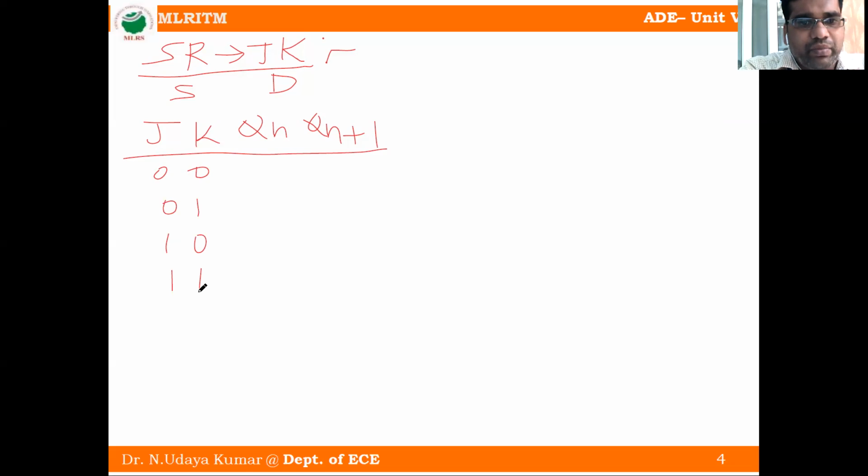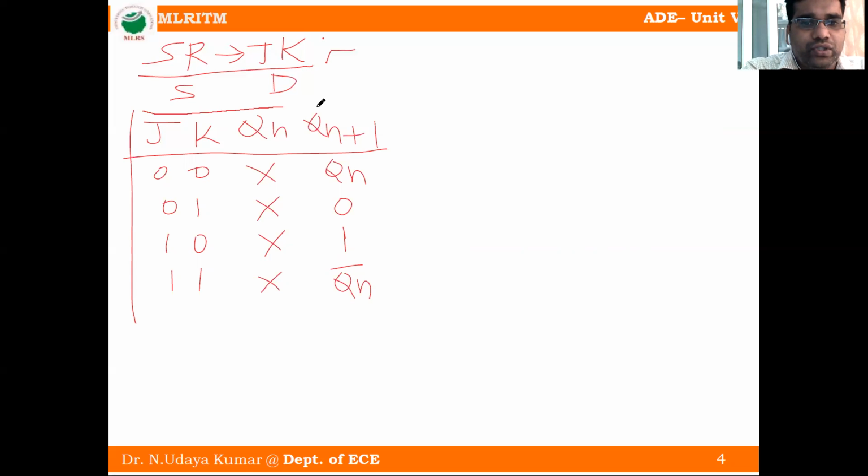Here the present state is not known, that means it is a don't care condition. For 0 0 it is the present state only, next state is the same as the present state. For 0 1 it is 0, for 1 0 it is 1, and for 1 1 it is QN bar. This one is the truth table for JK flip-flop.